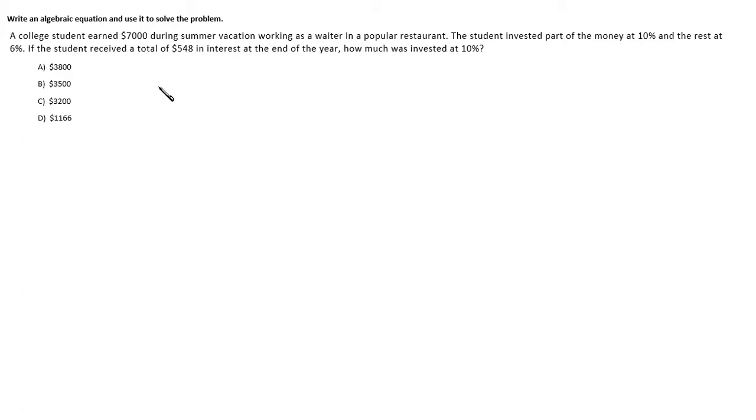So we're going to have to make an assumption that the type of interest being calculated is simple interest. We have to make some assumptions if they're not totally spelled out, which is fair to do.